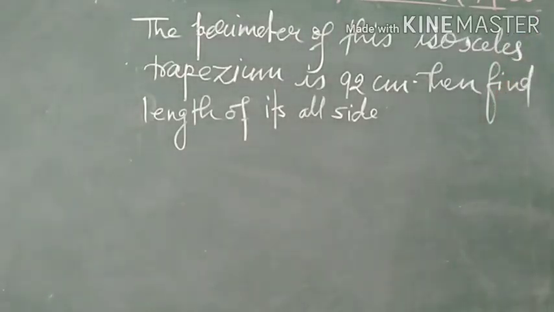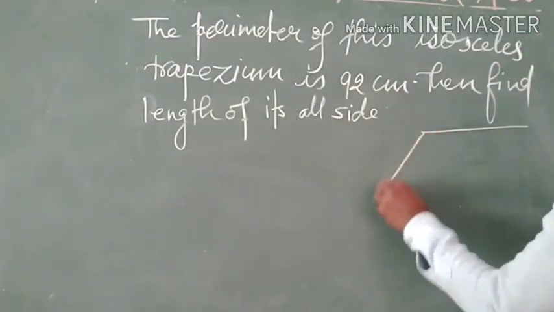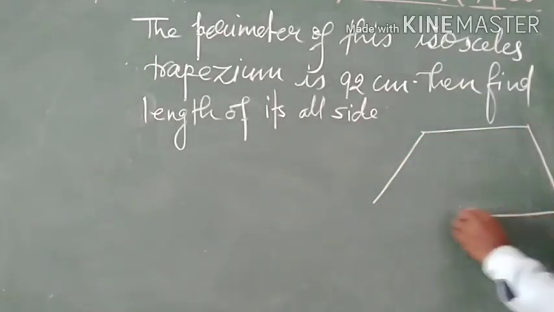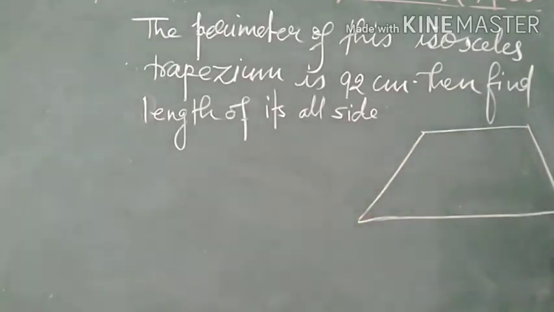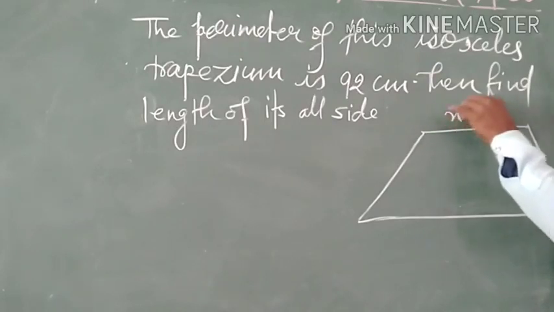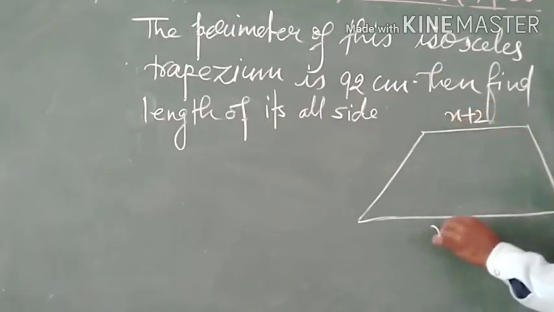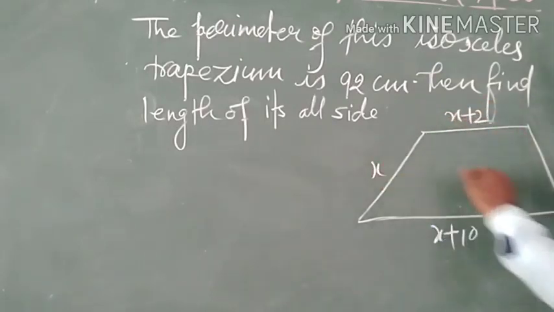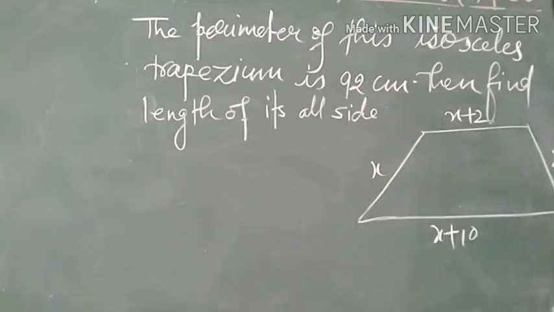This is the given problem, and here the figure is given like this. This is x plus 2, x plus 10, x and x. Okay, this is also given, which is x.